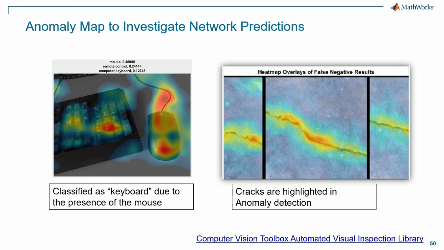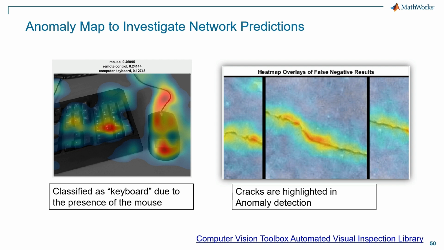That's because it's next to a mouse, and most likely that will be a keyboard. By using that model, you can see the heat map is actually not on the keyboard, but on the mouse. So the image data feature is more on the mouse, which gives us a hint why we got the keyboard. The other example is where the crack is highlighted in the anomaly detection.